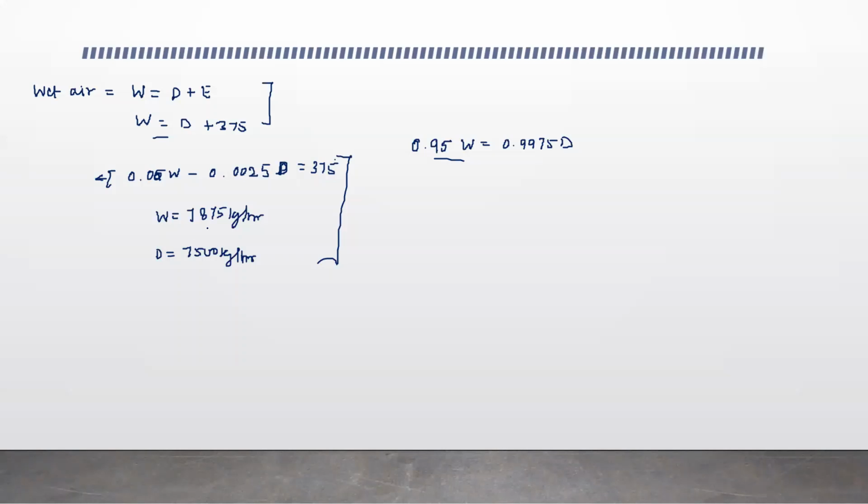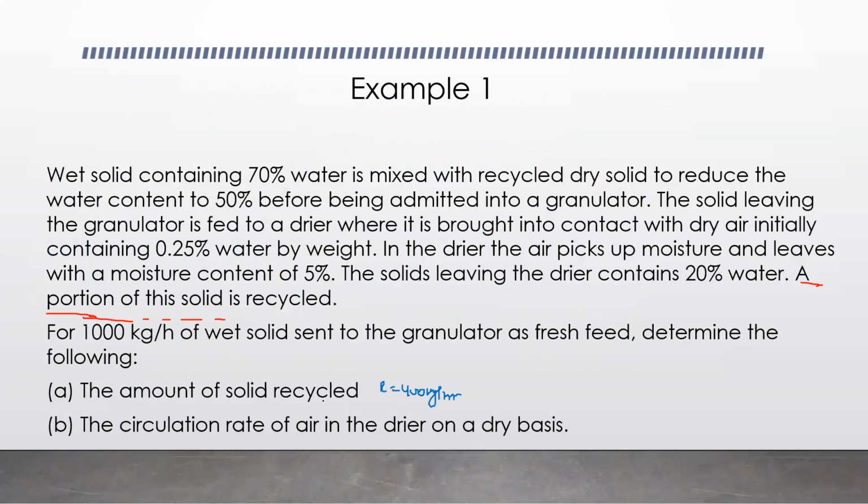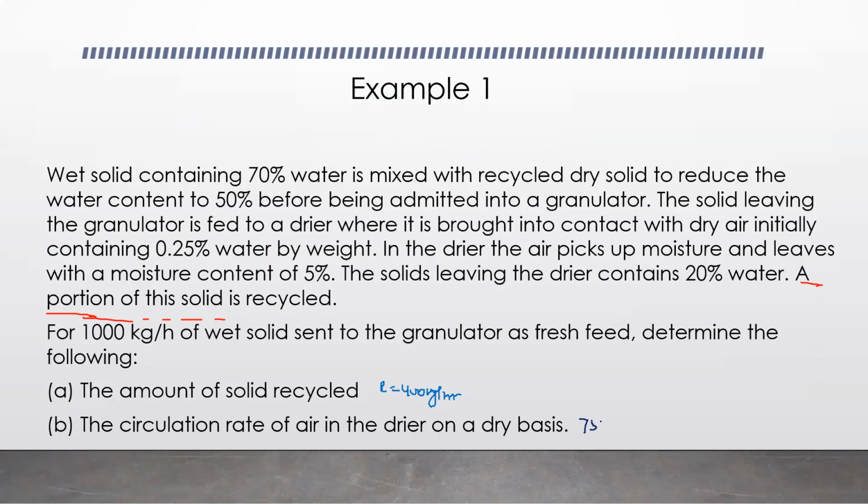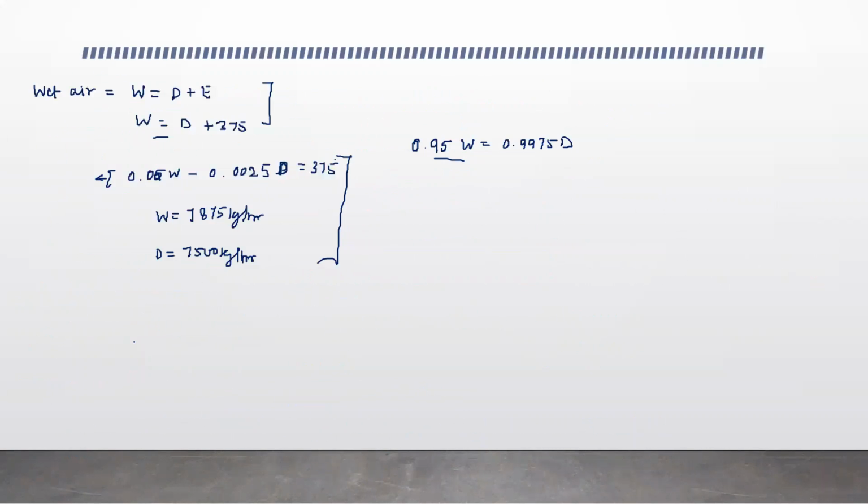So basically, the dry air circulated is how much? 7,500. Circulation on dry basis is 7,500 kg per hour. And out of that, just the dry air, that is air without water, is basically 0.9975 into D, right?